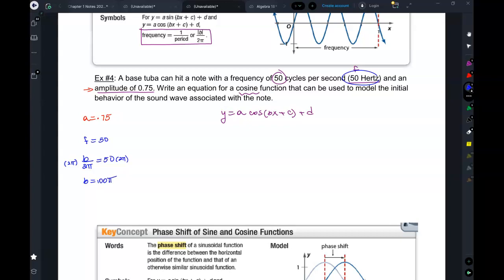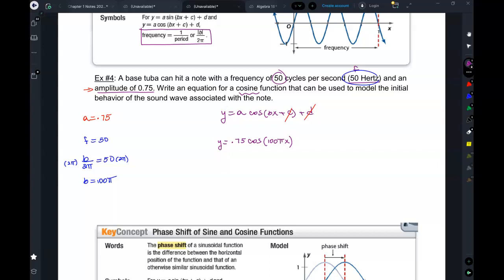I don't have any information given about a c or a d. So y is going to be a, 0.75, cosine 100 pi x. That's all. It's just getting used to terminology.